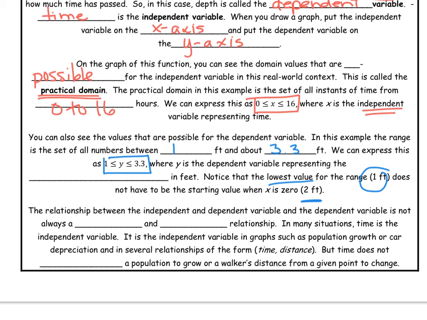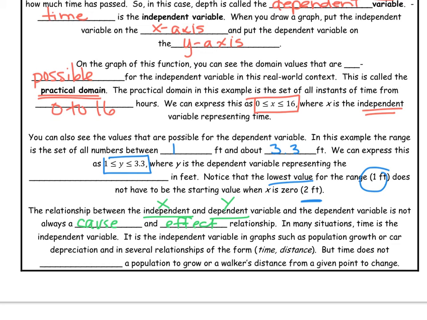So the relationship between the independent variable, which is always x, and the dependent variable, which is always y, is not always a cause and effect relationship. In many situations, time is an independent variable.